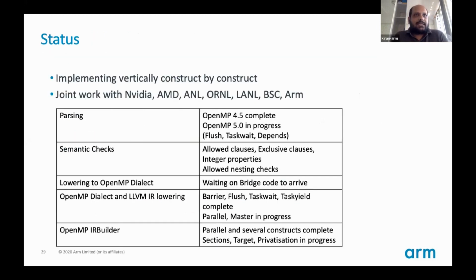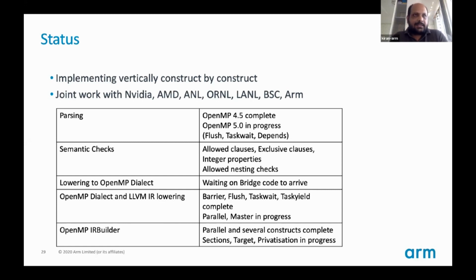So now we come to the status of this work. The way we are implementing this is that we would like to go vertically construct by construct wherever possible. But it's often the case that a lot of these things are already implemented. Whenever we start on a construct, we see whether we can take it all the way from parsing down to LLVM-IR generation.